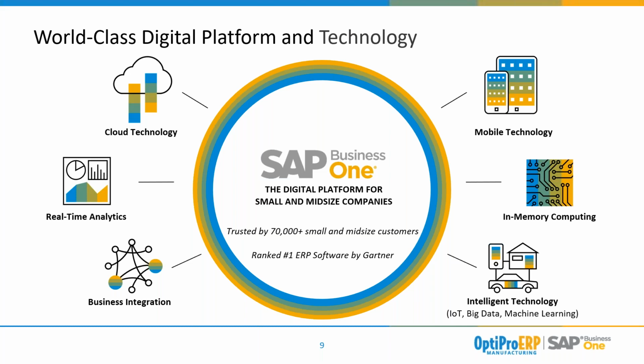And importantly, it works. 70 plus thousand small and mid-sized customers are on SAP Business One. It is ranked #1 by Gartner by customer count and revenue. It's also the fastest growing ERP platform among small and mid-sized companies. So you have the trust factor of the solution and a trusted world-class brand of SAP behind it.